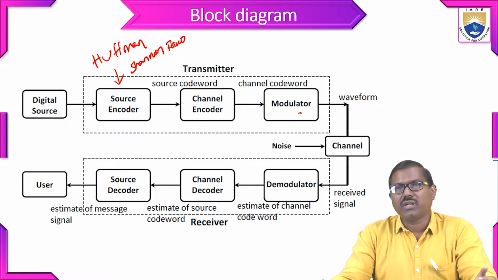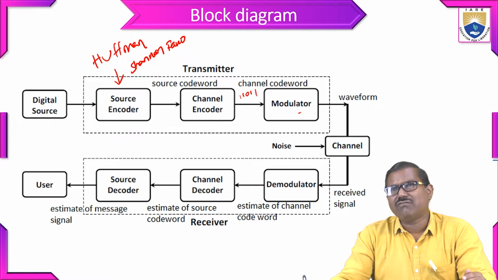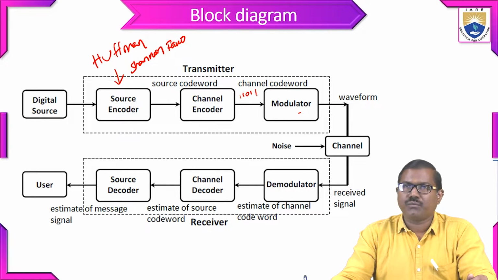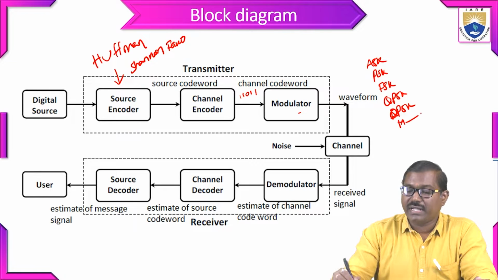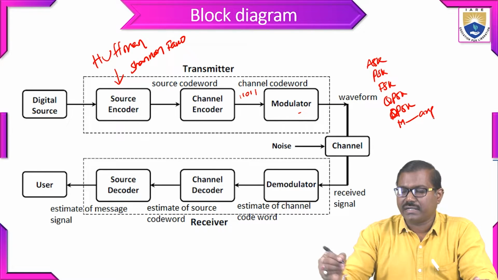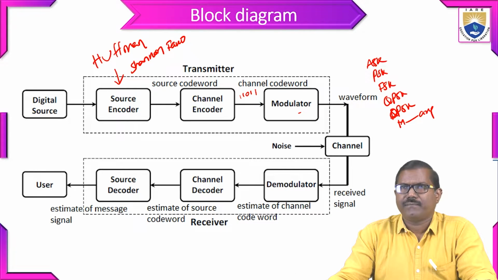My input to the modulator is ones and zeros, and I am going to convert these bits into a waveform. Here I may use ASK, PSK, FSK, QPSK, DPSK, or any M-ary techniques. Out of these, I may use any one for converting these digital bits into a waveform.